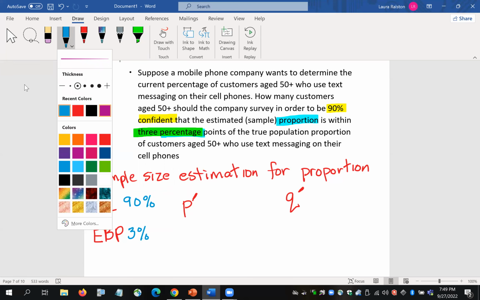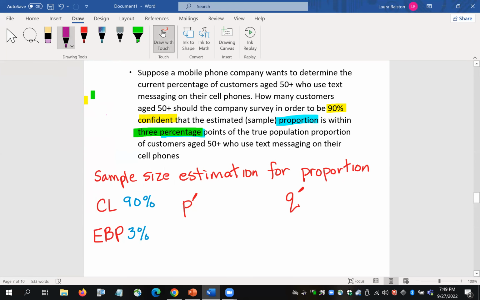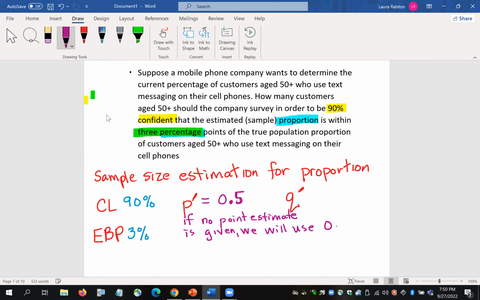Okay, here's the deal. If you don't know P and Q, if no point estimate is given, we will use 0.5.